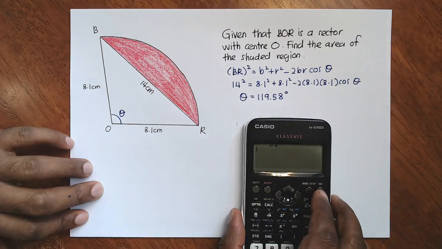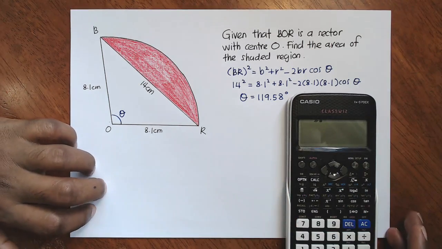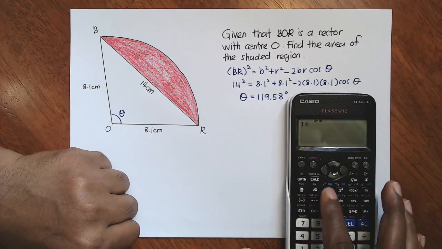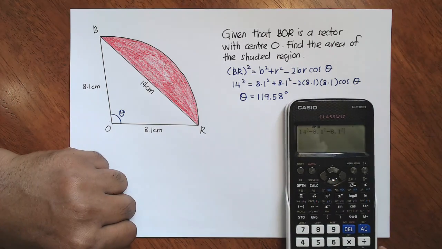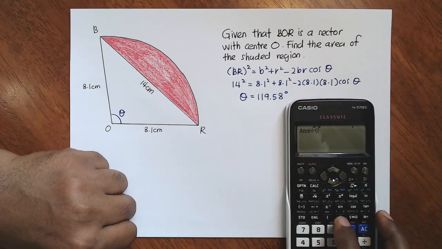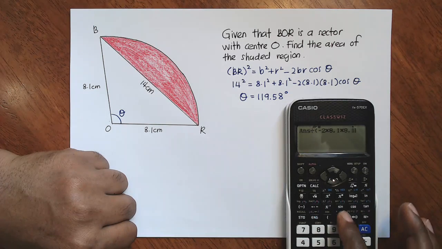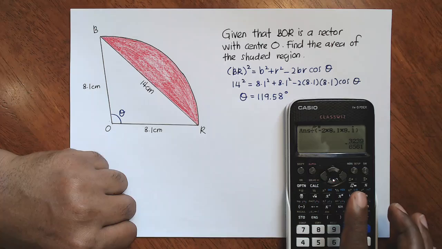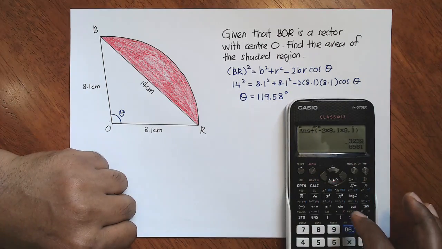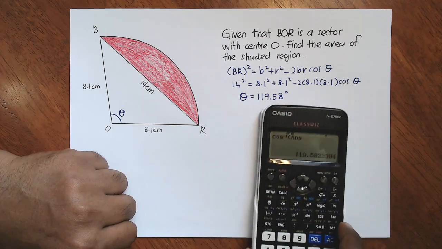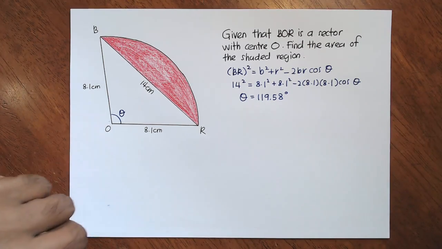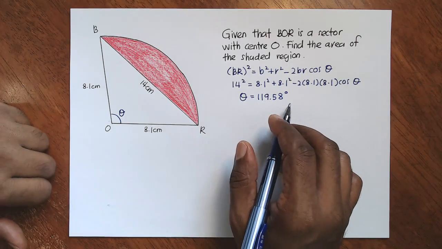So that will be 14 squared minus 8.1 squared minus 8.1 squared, then the answer divided by negative 2 times 8.1 times 8.1, and this is the answer for cos theta. So you press shift cos and you get 119.58. Yep, right.